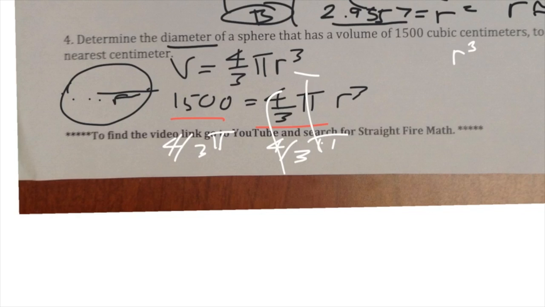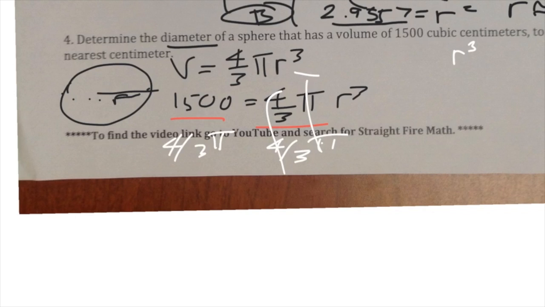So I'm going to dial that in, 1,500 divided by 4/3. I put the 4/3 in parentheses as I divide it. That gives me 1125. And then I'm going to divide that by pi.